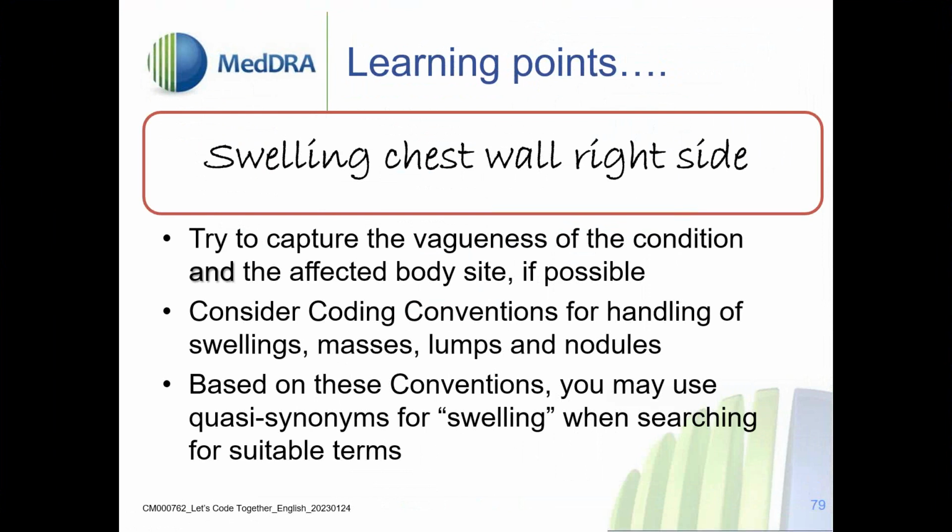We would, of course, always try to capture both the specific event and the affected body site and look for an appropriate combination term. The PTC document provides some flexibility in handling such combination terms, and you could argue that the word swelling is quite a vague medical term that could be replaced by a quasi-synonym like mass to capture the affected body site.